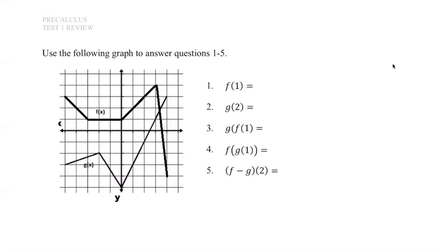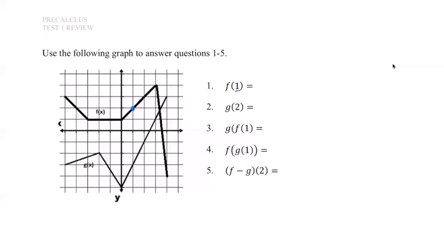Okay. So for the first five questions, they tend to be on the easier side. One and two, definitely easy, as long as you don't confuse yourself with the two lines, because they're both black lines. One is thicker, one's not as thick. So it's very important that you use your annotation skills to help yourself. So it'd be like, oh, f of 1, f is the top graph, the thick graph.